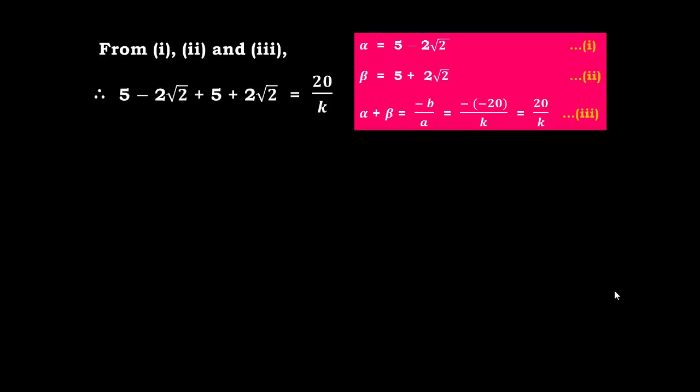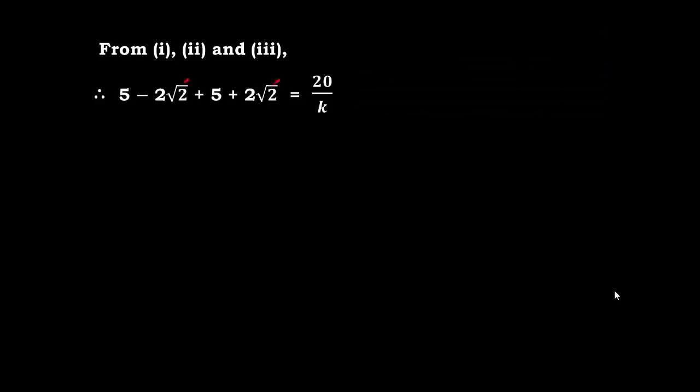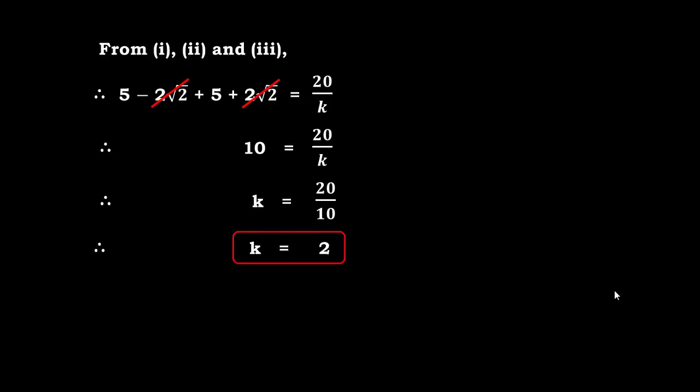Minus 2 root 2 and plus 2 root 2 get cancelled. So 5 plus 5 will become 10. 10 is equals to 20 upon k. Therefore k is equals to 20 upon 10, that is k is equals to 2. That means the value of k is equals to 2.